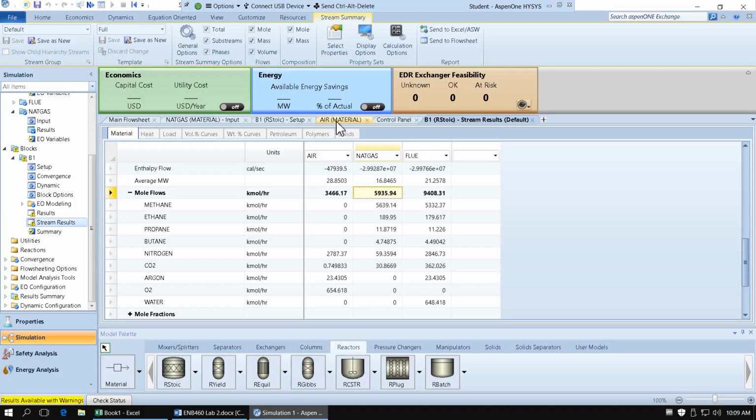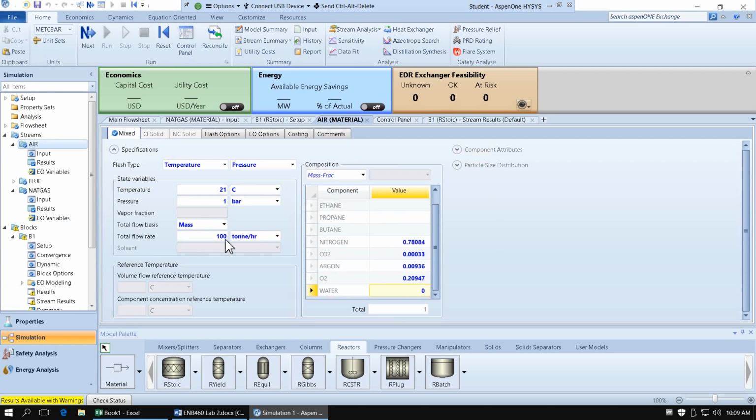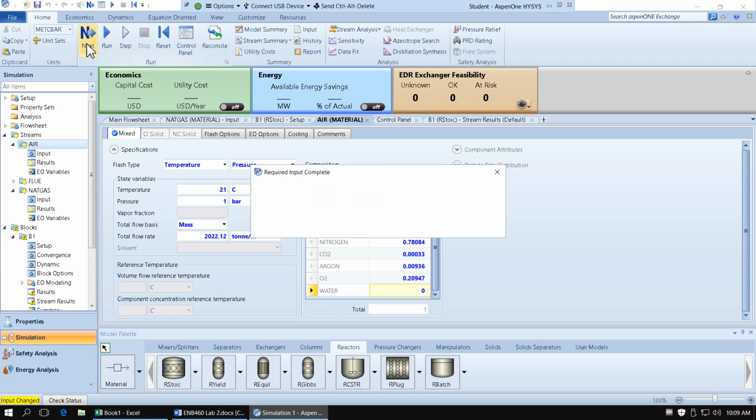If we go back to air and put in 2,000, our model should run as we intended. So complete reaction for our 4 natural gas components and a 10% excess of air. So let's try that.